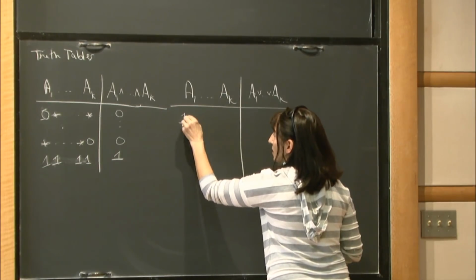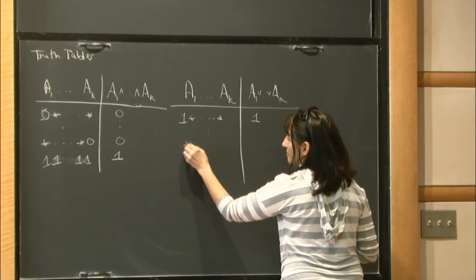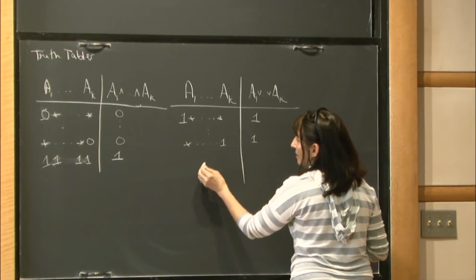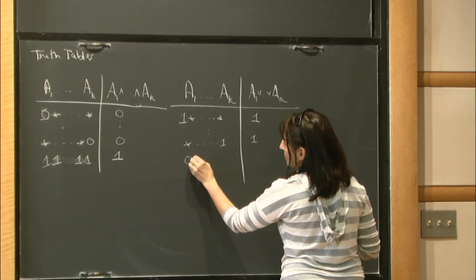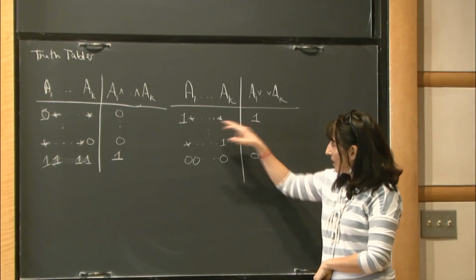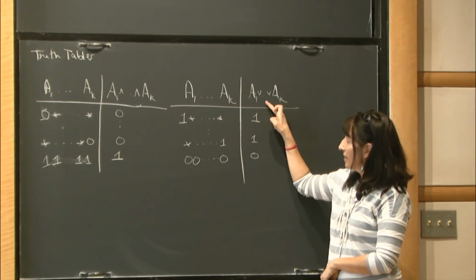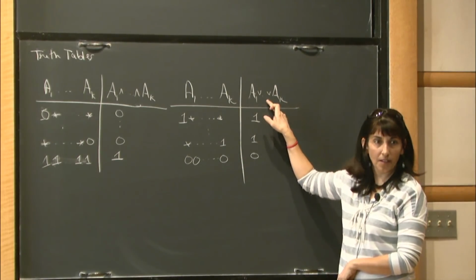If one of them is 1, if you have any 1 anywhere, then it's 1. And if you have all zeros, then it has to be 0. So you automatically get a truth table violation if you have a 1 here and this whole thing is 0.